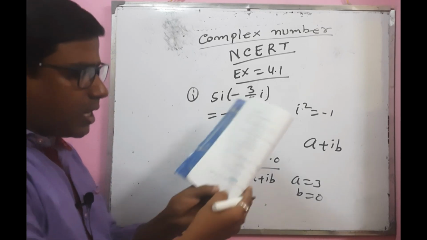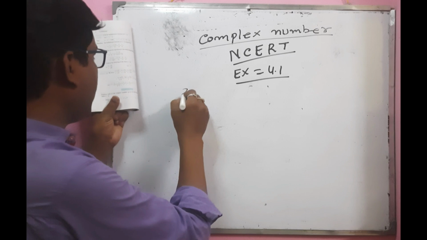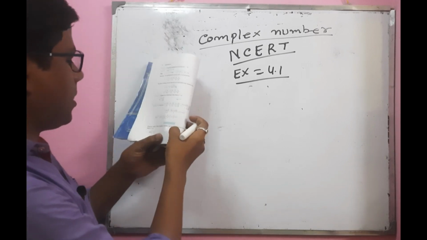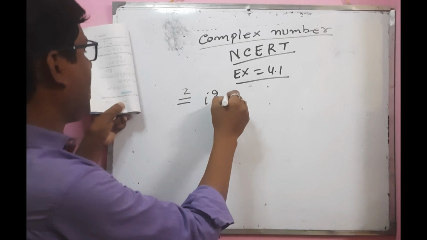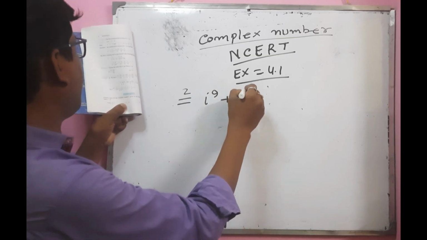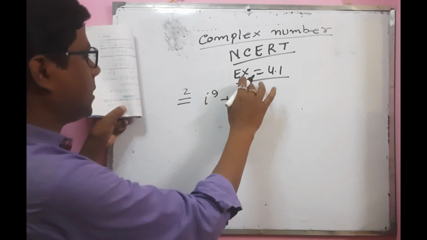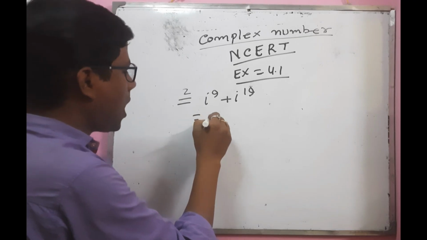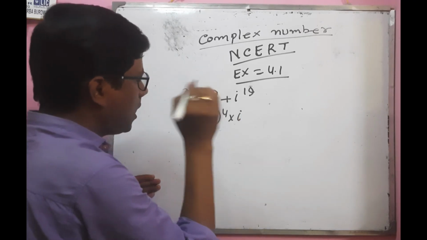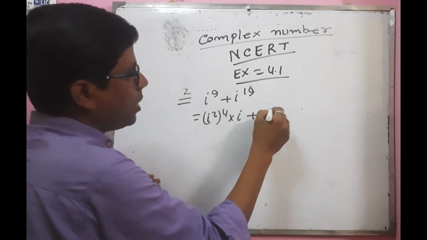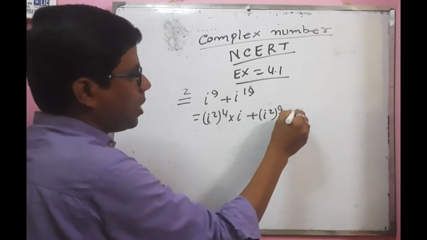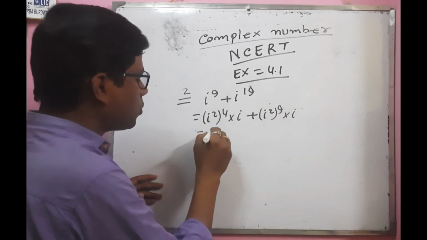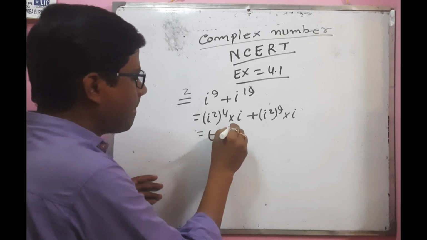Now we move to the second problem. Second problem, i to the power 9 plus i to the power 19. So, i square to the power 9 into i, and we know that i square is equal to minus 1.